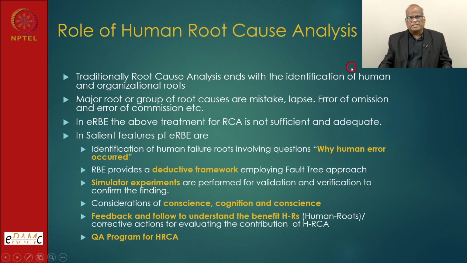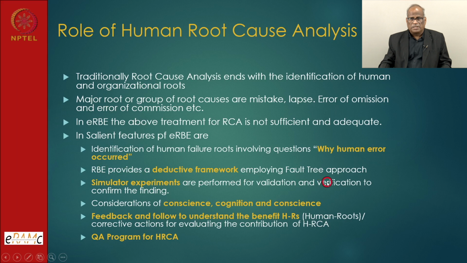Generally, it has been seen that there are errors of omission, errors of commission, and then lapses. But if you look at the human root cause analysis fault tree, you will find that there is more to that, and why the human error occurred. You have to find out those questions. Not just that error of omission has happened, but why error of omission has happened, why error of commission has happened, why mistake has happened. So those routes should be available.